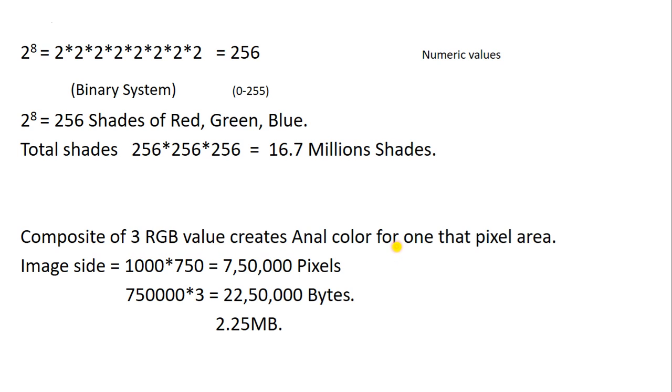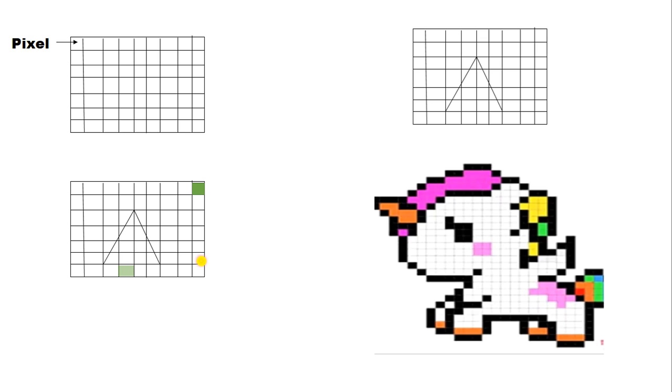Okay, so for example, the composite of three RGB values creates another color for that one pixel area. Image size equal to 1000 into 750 equals 7,50,000 pixels. If the image size is 1000 by 750, this length is 1000 pixels, this is 1 pixel, this 2 pixel, this 3 pixel, like this a total of 1000 pixels are there, and the width is 750 pixels, like this 750 pixels are there.